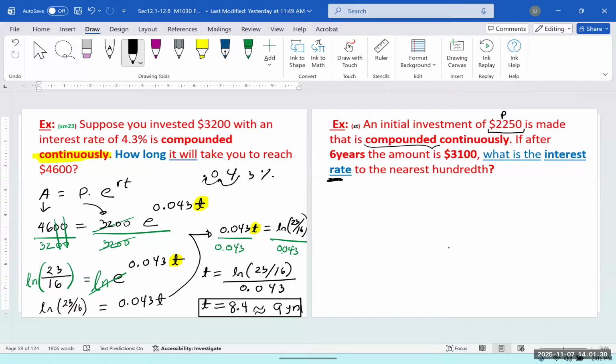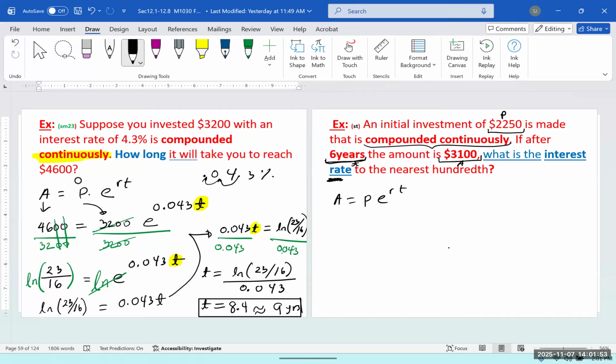Compound continuously means which function? Which formula? A equals P e to the rt. After 6 years, what is this 6? T. After 6 years, the amount is 3,100. What is this 3,100? A.